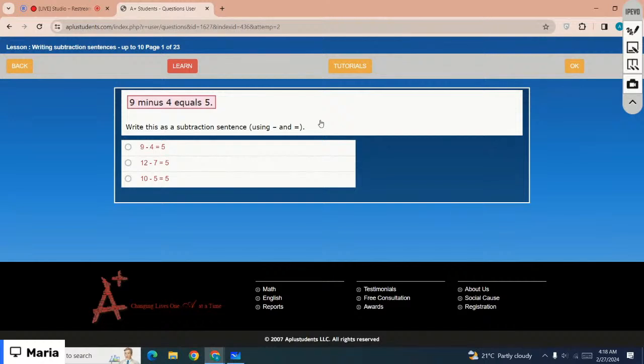Yes, option number one is the correct option. You need to write using the mathematical terms. So you can write it as 9 minus 4 equals 5. Option number one is the correct option, right?